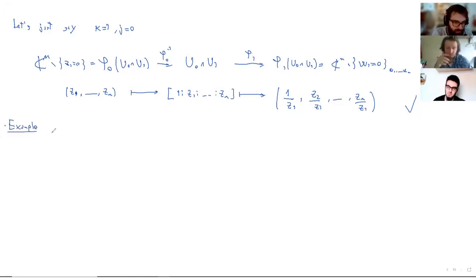So the last example here is the Grassmannian. Have you ever heard of this manifold? Okay, perfect. So this is a generalization of projective space.